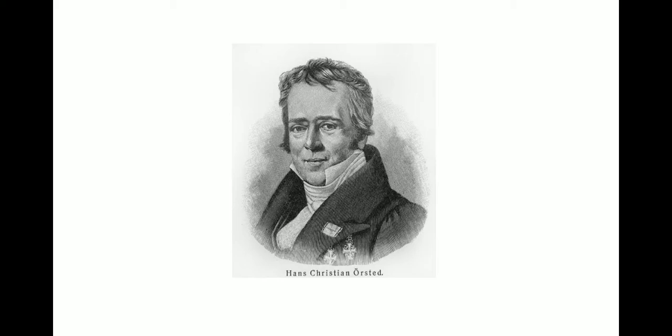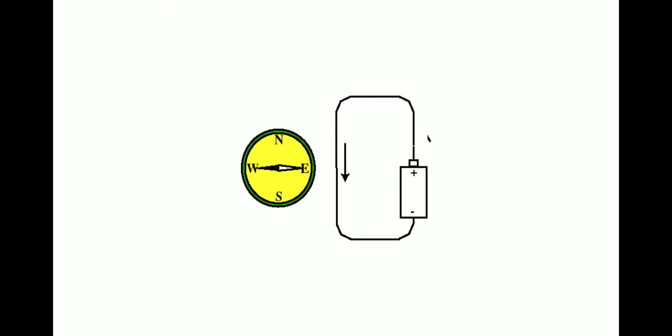In his experiment, he found that when current passes through a wire and a magnetic needle or a compass is kept near the wire, the magnetic needle deflects in a particular direction. So let's understand this in more detail.